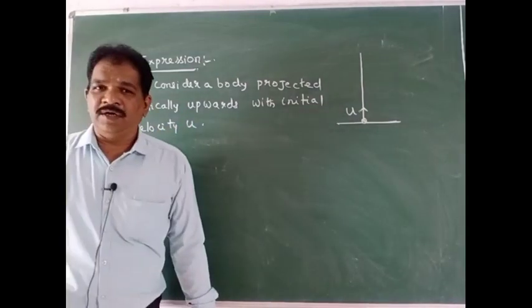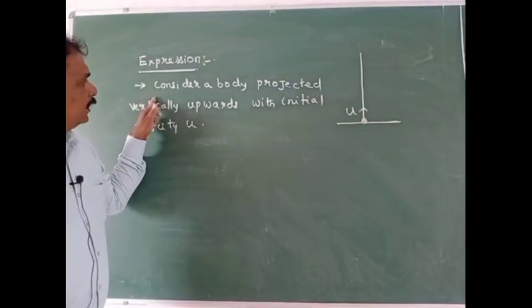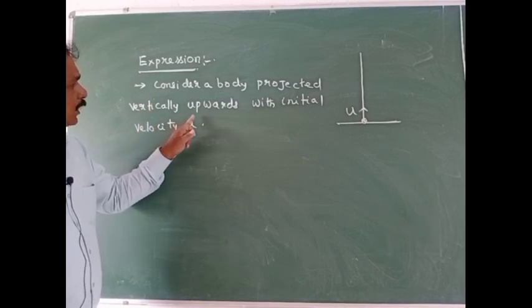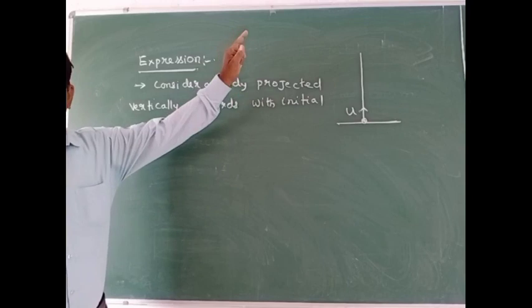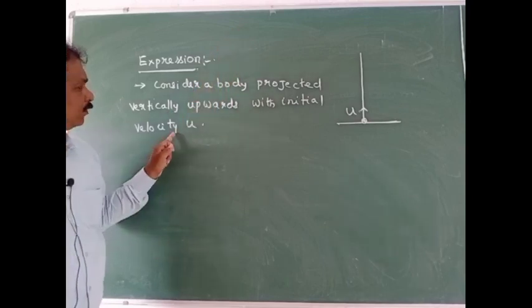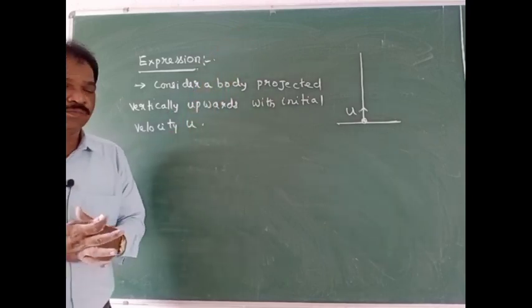Write down slowly. Consider a body projected vertically upward with initial velocity u.